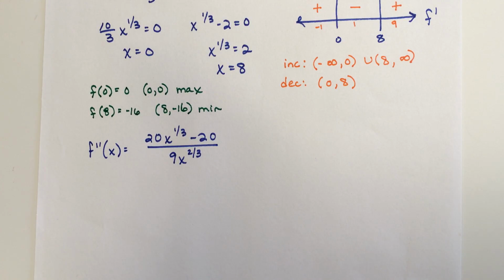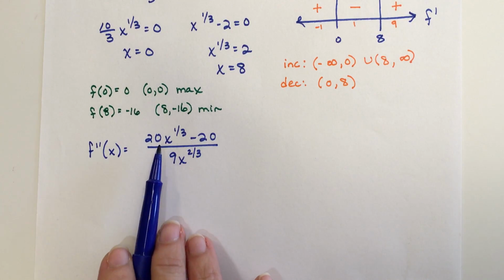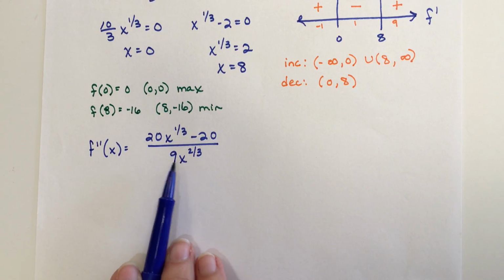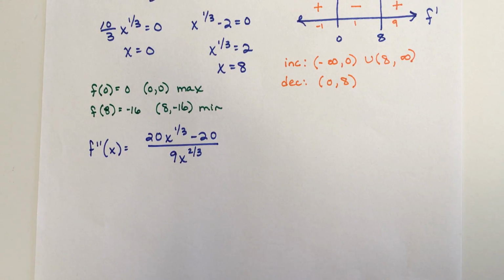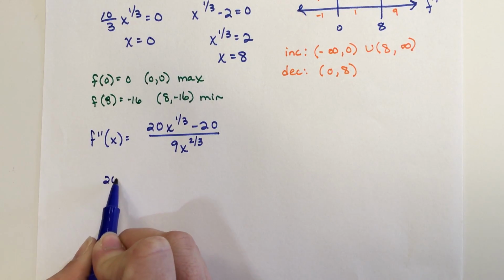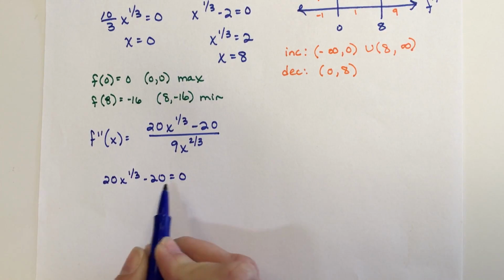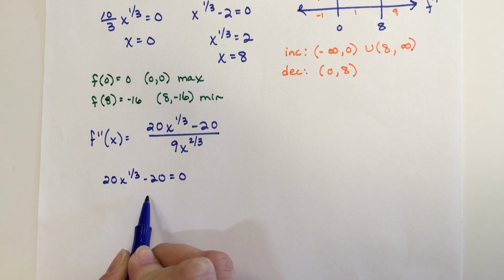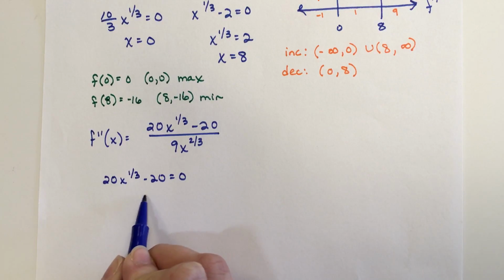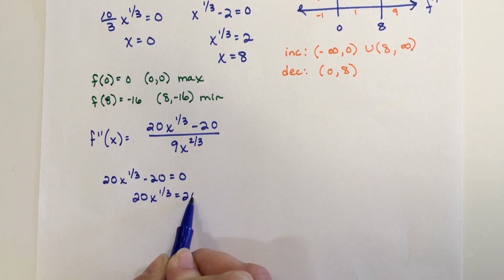Okay, so now from here we need to find out what values cause this to equal 0 and what causes it to be undefined. It's going to equal 0 when the top equals 0. It's going to be undefined when the bottom is equal to 0. So if we take our 20x to the 1/3 minus 20, set it equal to 0 and solve it, you are going to end up with 20x to the 1/3 is equal to 20.